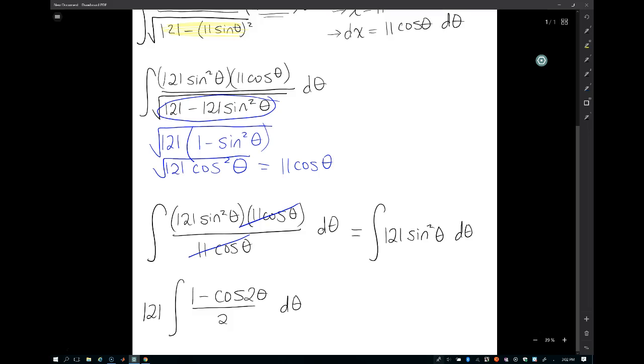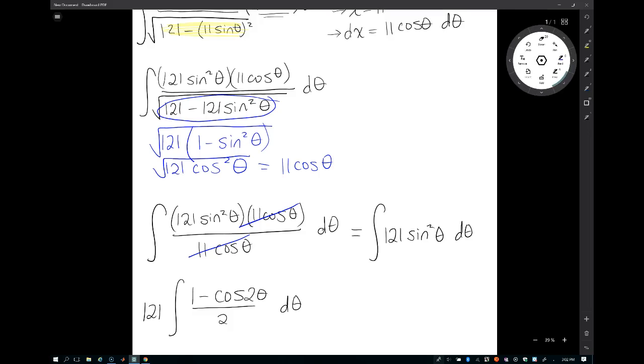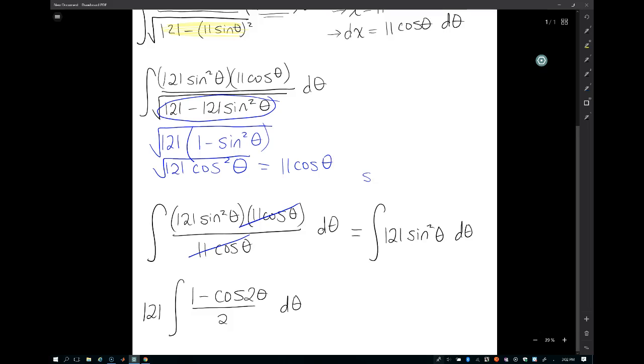You most likely did not learn that specific trig identity in trig class, but all it is, let me write it here, sine squared theta equals (1 minus cosine 2 theta) over 2. All this is the cosine double angle identity that got solved for the sine squared.